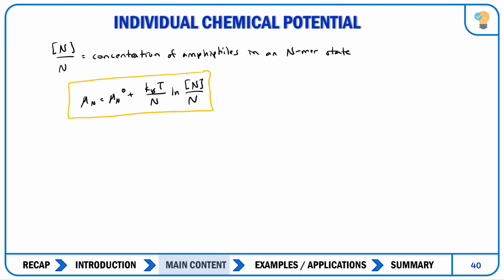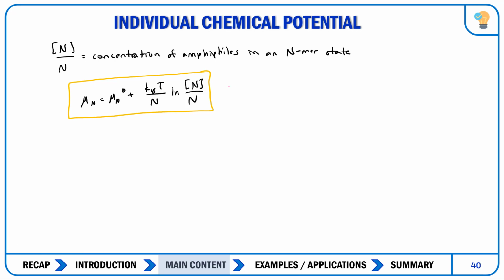So for thermodynamic studies, this is a model that has been used to represent the individual chemical potential of specific n-mers for micelles. Depending on which experiments you apply this to, you'll have to tweak the different terms and also adjust your chemical potential starting point for different situations and scenarios that you look at.